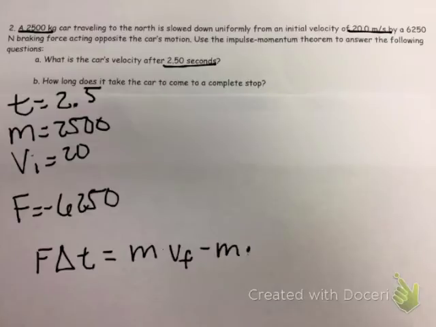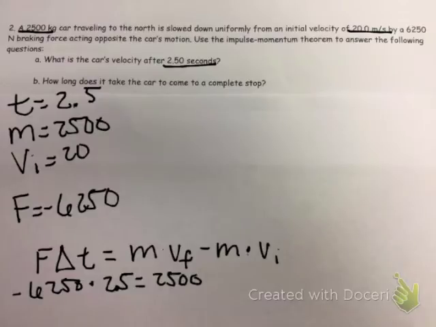Those are the only parts of the formula that we need. So we can plug some of these in. We have negative 6,250, multiplied by our time, 2.5, equals mass times your final velocity. Mass is 2,500 times Vf, because we don't know it yet.